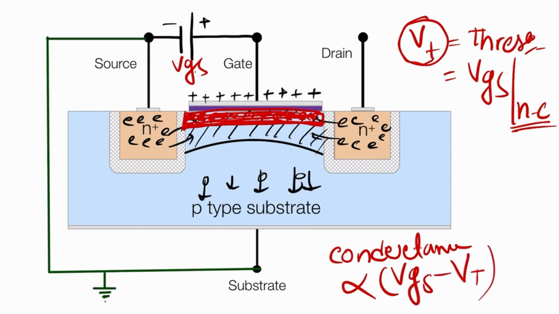This VGS minus Vt we call VOV, the overdrive voltage. So that means the N channel conductance is directly proportional to the VOV.